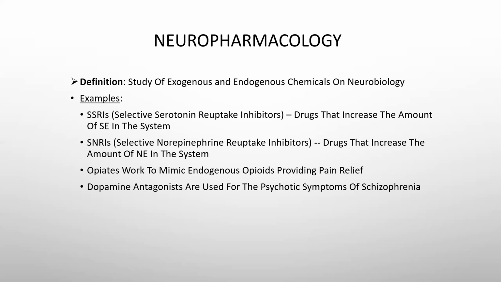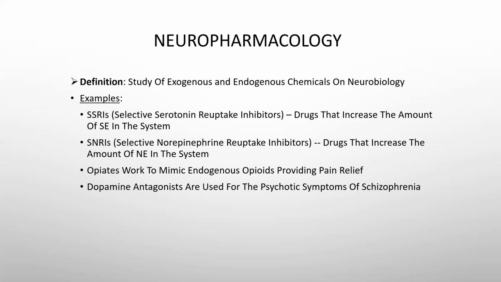So it only affects serotonin, and they are reuptake inhibitors. If the serotonin is not being reuptaken into the presynaptic neuron, then it's staying out in the synapse. And guess what? Then it's more likely to fit onto a receptor site of the postsynaptic neuron and cause that communication to continue down the line. So it is an agonistic effect.